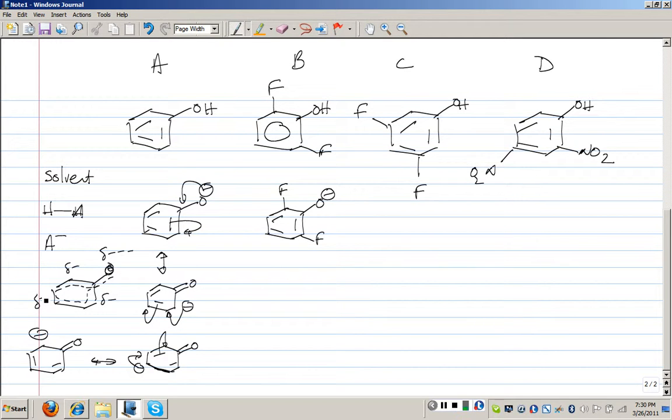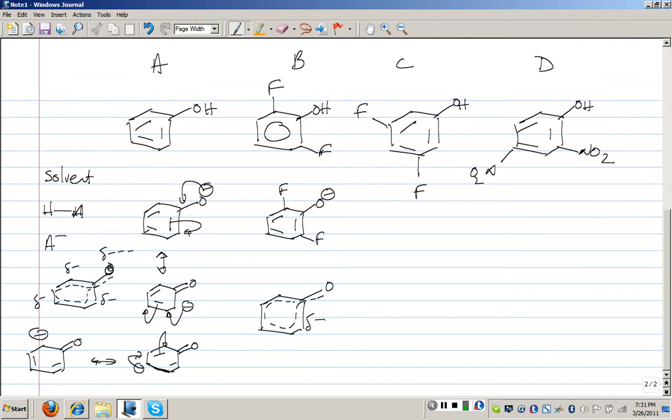Which means if I strategically place fluorine atoms, electron withdrawing groups, on the ortho and para carbons, what they will do in essence, and I'll just draw this resonance form then to sort of highlight the issue, is that they will stabilize the resonance hybrid by what essentially then is induction.